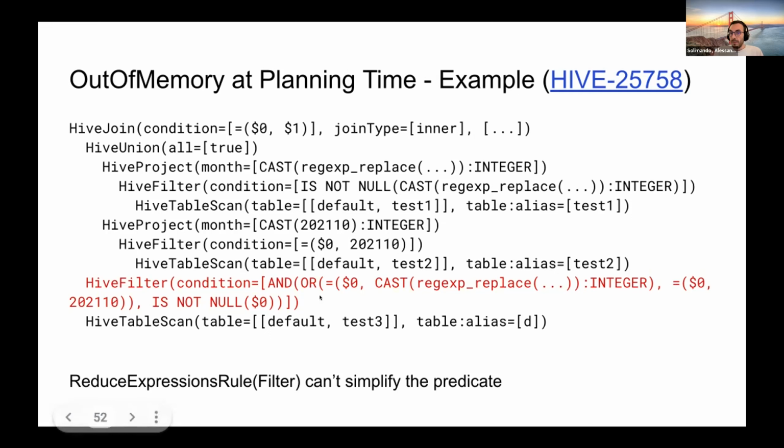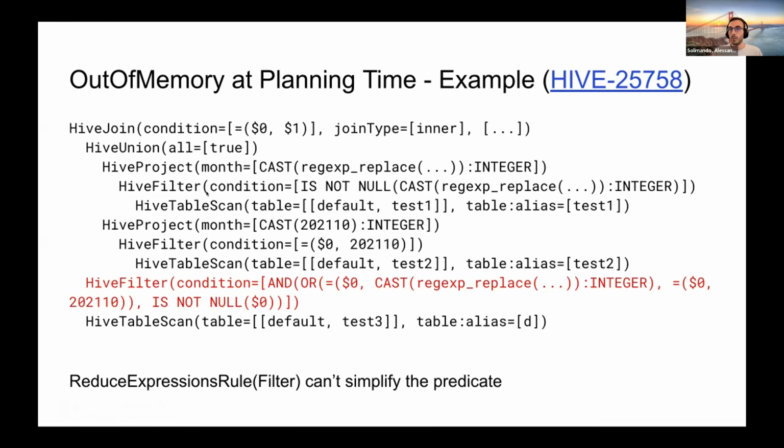Since we are missing simplification opportunities at this step, this fixed point is never reached, because the newly created filter will be again pushed to the other side.